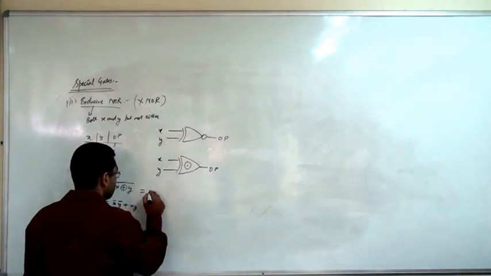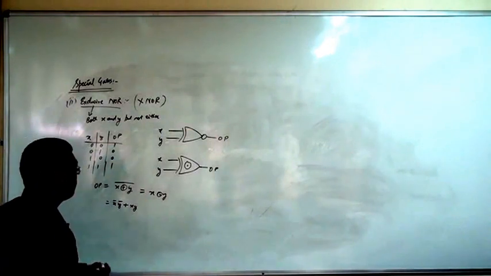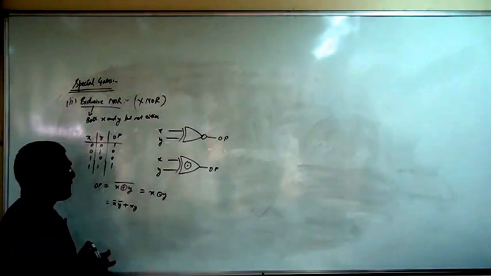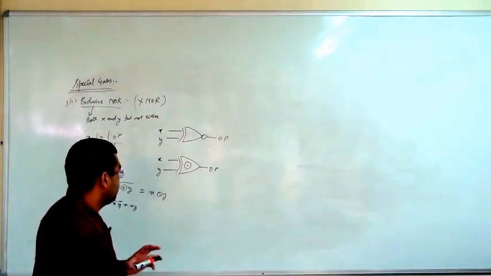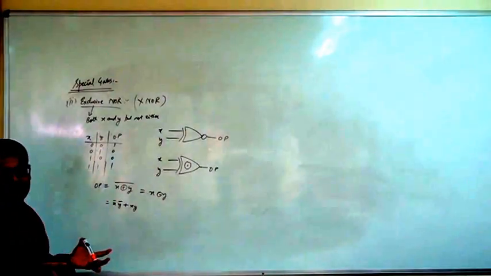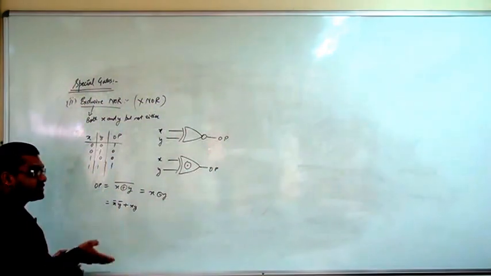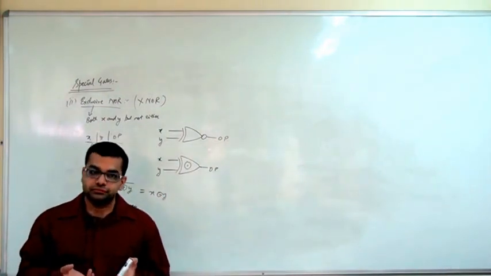This is the same as X dot Y. Alright, so this is another special gate, exclusive NOR. Why is it called special? Because you cannot design the basic gates using these gates, unlike the universal gates, with which you can design the basic gates.